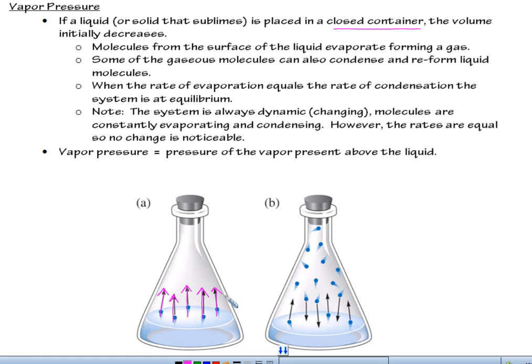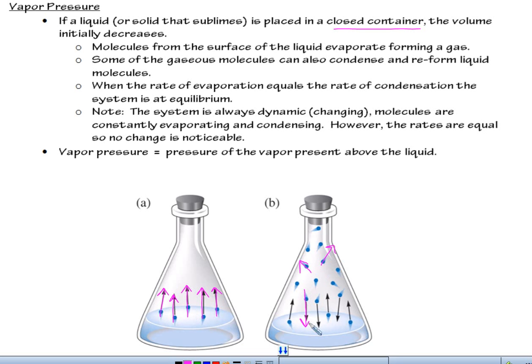evaporating and forming gas. And now I know that as these gas particles start moving around, they collide with the walls of their container. There they go. They're moving randomly all over the place. And then what happens if randomly some of those gas particles collide with the surface of the liquid?